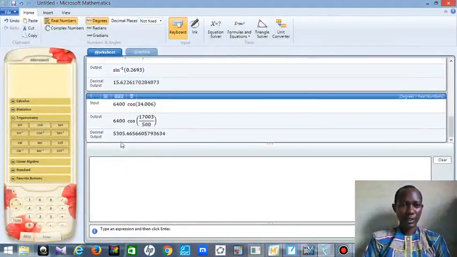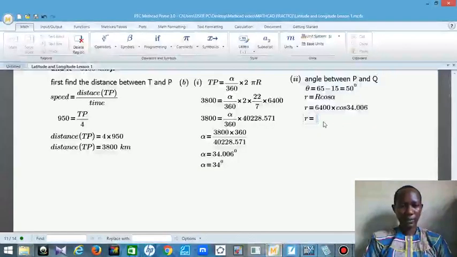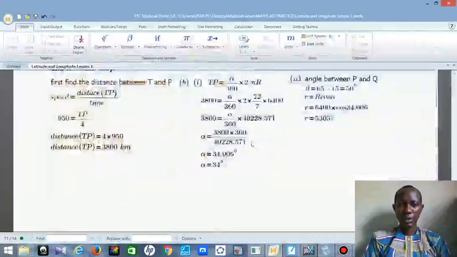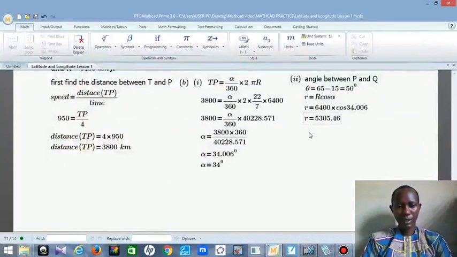So the answer is 5305.4657. Okay, let's take 4 decimal places. 4657 kilometers. Okay, so this is the radius.